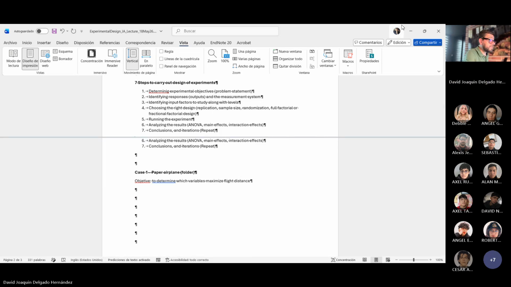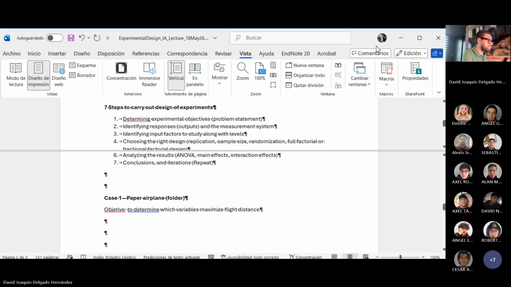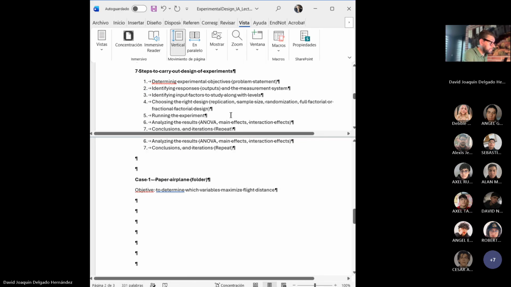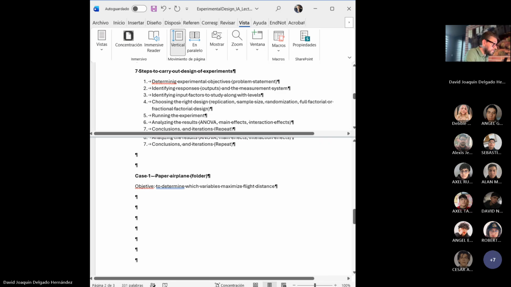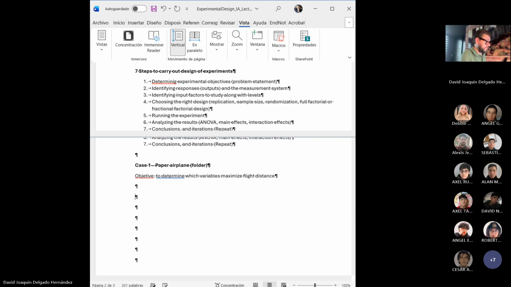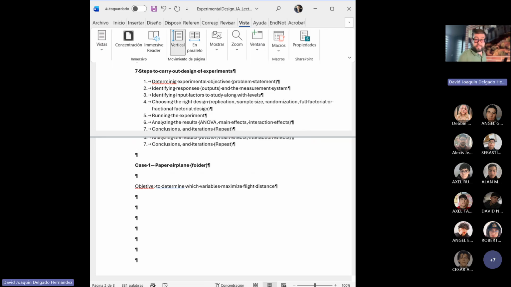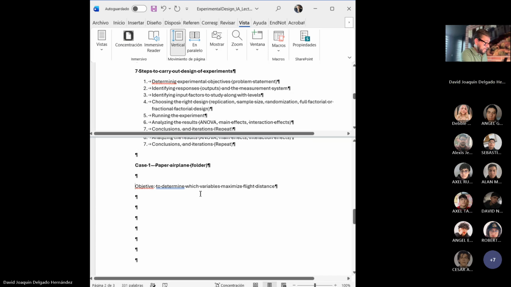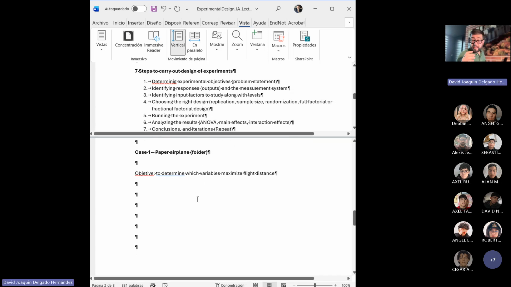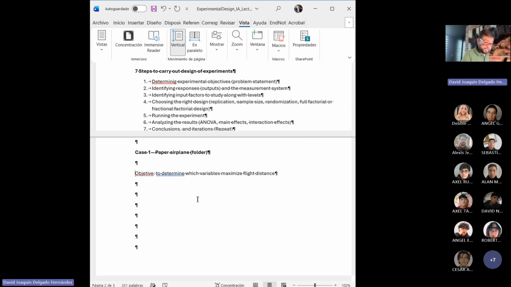Okay, so here I am going to use these 7 steps systematically in order for you to see how in real life you should carry out an experiment, a design of an experiment.